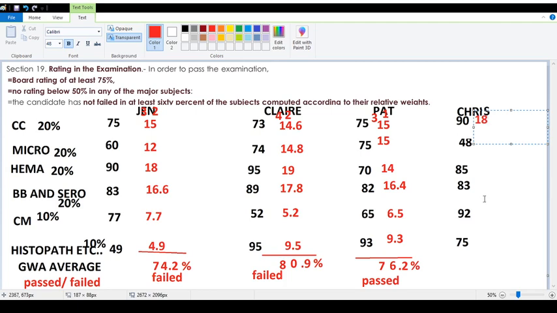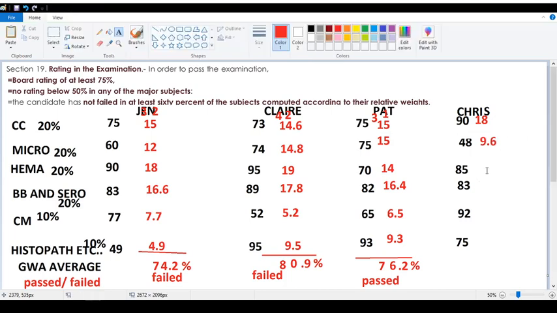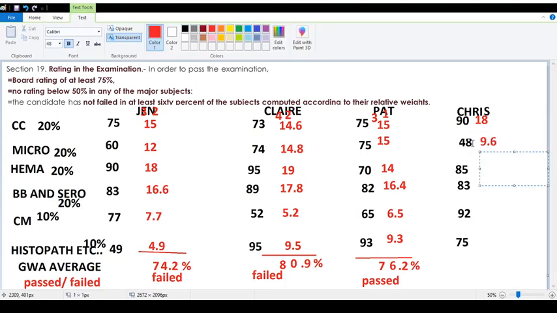So again, this is 18. Diba nakakasawa? 18. So, this one, naglag na ako, 4.8. So that is 9.6. Tama ba? Tama. Okay, so this one, 8.5, that is 17, 16.6, 9.2, and 7.5.